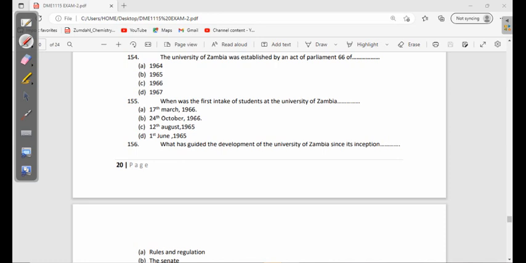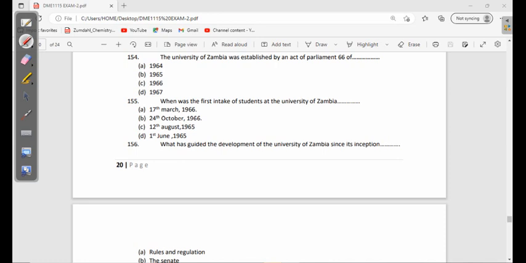When was the first intake of students at the University of Zambia? 17th March 1966, 24th October 1966, 12th August 1965, 1st June 1965. What do you think? So the University of Zambia was established in 1965, but operations started in 1966 when the first intake came in school. That was on 17th March.